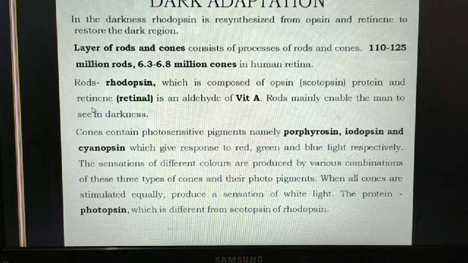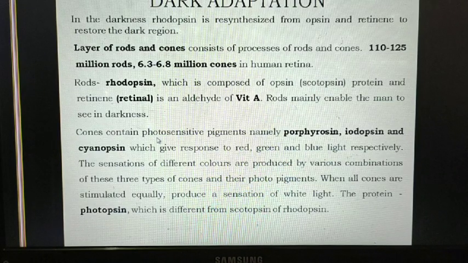The rods contain the pigment known as rhodopsin, which is composed of the protein part known as opsin, also known as scotopsin, and retinal, which is an aldehyde of vitamin A. So rods mainly enable man to see in darkness.